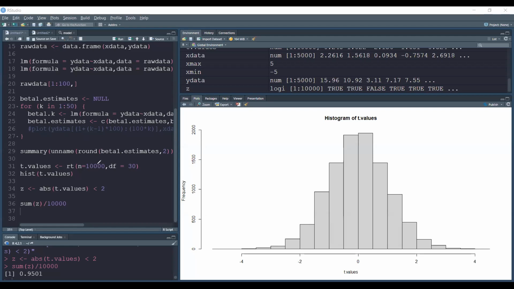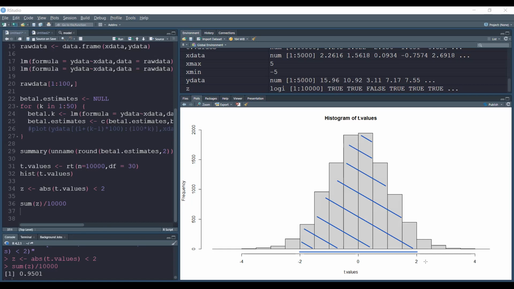theoretically, and we've taken 10,000 to hopefully get us close to the theoretical value, 95% of the generated values shall be between -2 and 2. Like this. That's 95% of your values.